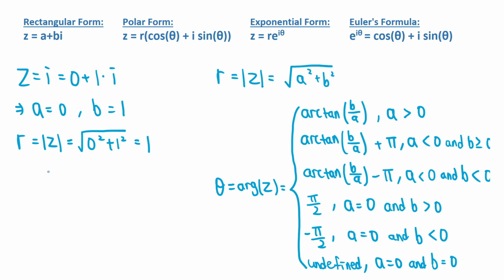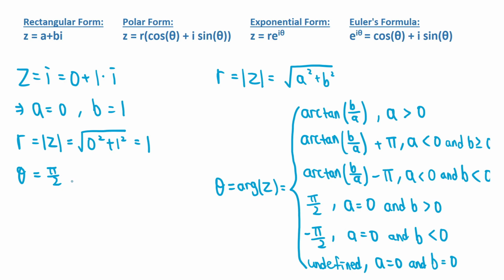So with the values of a equals 0 and b equals 1, we know that theta is equal to pi over 2. The value of theta can technically be pi over 2 plus any integer multiple of 2 pi. So theta could equal pi over 2 plus 2 pi k for any integer k. But we'll just assume the principal argument of i, which is pi over 2.